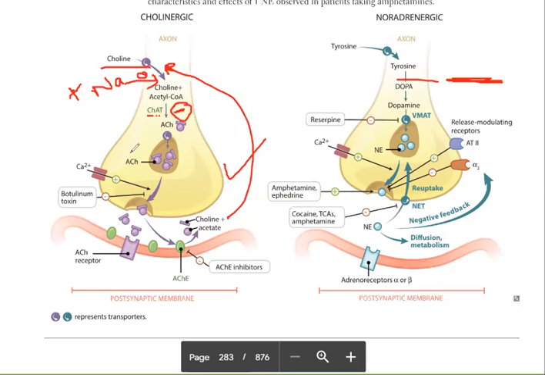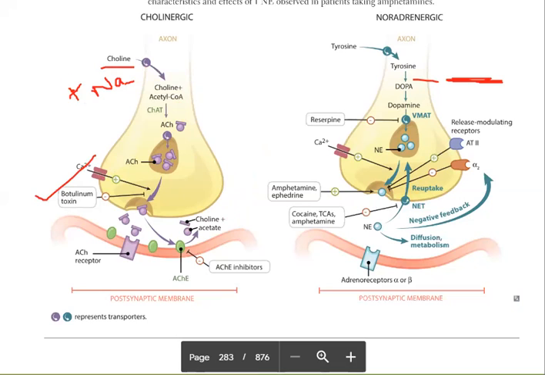Okay, then you see it is being packed up in this synaptic vesicle, and then again this calcium is coming in, and further on the process is going on. But this is very important at this particular level, that we have this botulinum toxin.